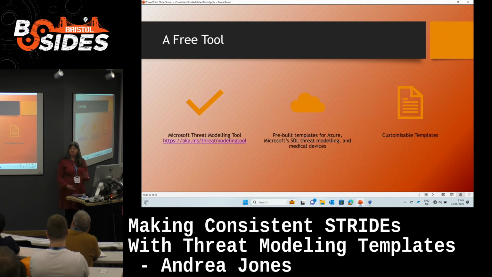So the tool that I'm going to show you, and some of you may come across it, but you might have got frustrated because you found everything was Azure and didn't apply to what you wanted to do. It's Microsoft's threat modelling tool. And so the template it provides, there's one for Azure, there's one for Microsoft's own software development lifecycle, and there's also one for medical devices.